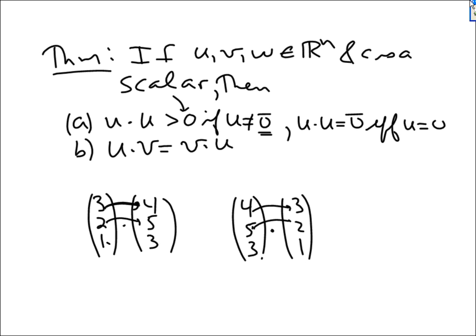I know you know what 2 times 5 is, but if the numbers are less friendly, 1 times 3 is the same as 3 times 1. So yes, of course it's going to be equal.